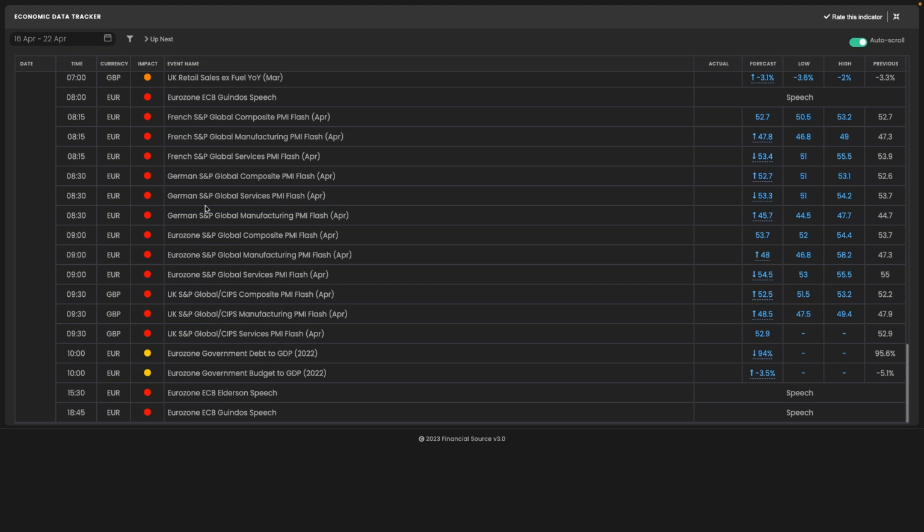So what they'll do is they'll look at how this data goes. At the moment, we have a sell bias for the euro pound. The reason we have a sell bias for the euro pound is because of the inflationary pressures that we've seen in the UK. Remember, those high wages, high inflation should be supportive for the pound.